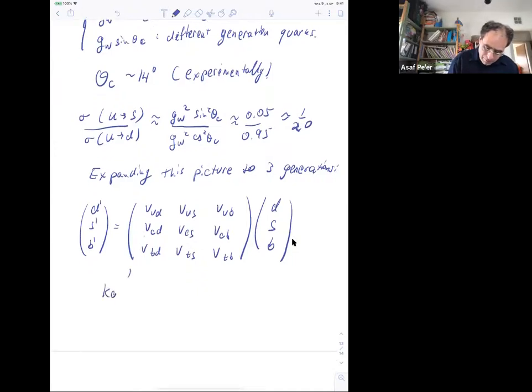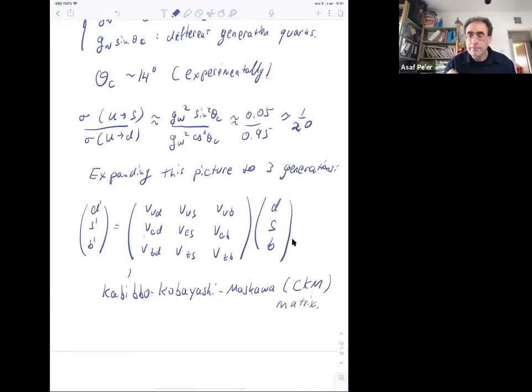The Cabibbo, Kobayashi, Maskawa, the CKM. Now it's a unitary matrix, of course.